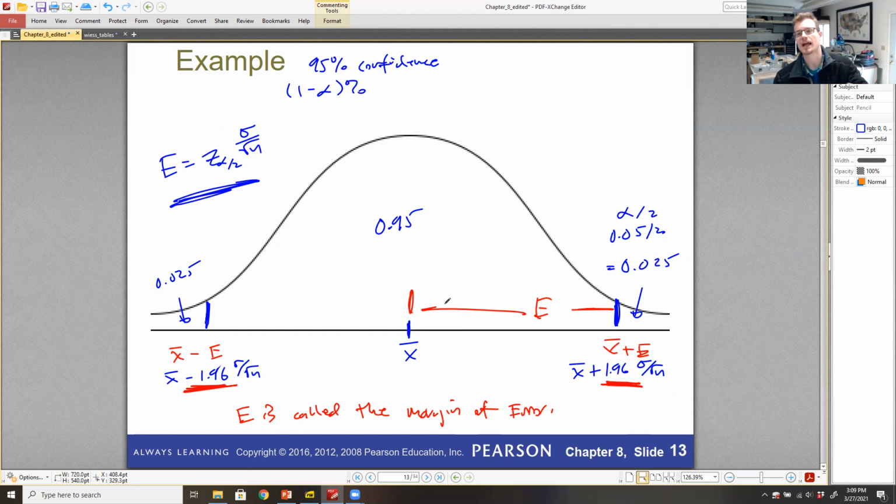And so when we look at it as a specific instance, we are 95% confident. If we were to repeat it many, many times, we'd be correct 95% of the time. 95% of the time, the population mean would actually be within those confidence intervals. So when we're looking at one specific instance, we call it 95% confidence.